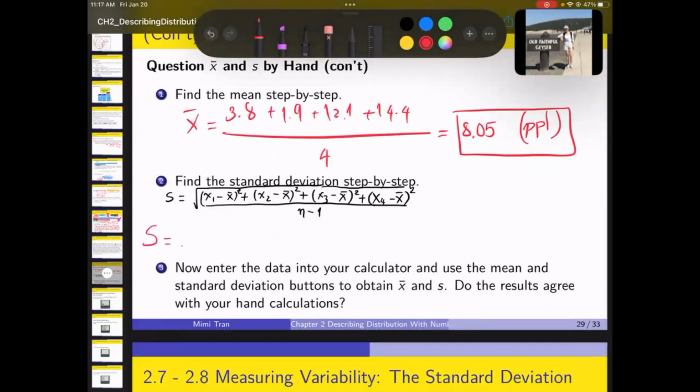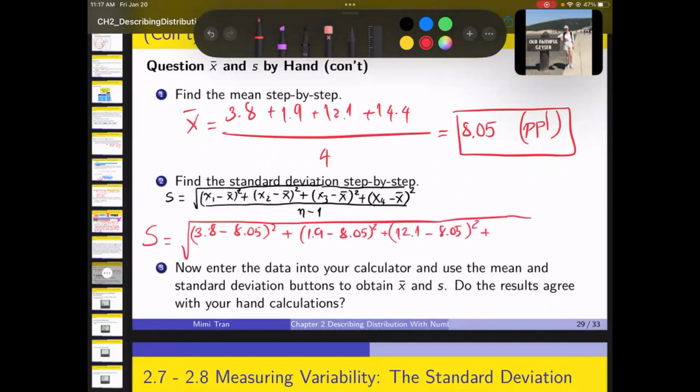X1 is 3.8 minus the mean 8.05, squared, plus 1.9 minus 8.05 squared, plus 12.1 minus 8.05 squared, and last, 14.4 minus 8.05 squared, divided by 4 minus 1.